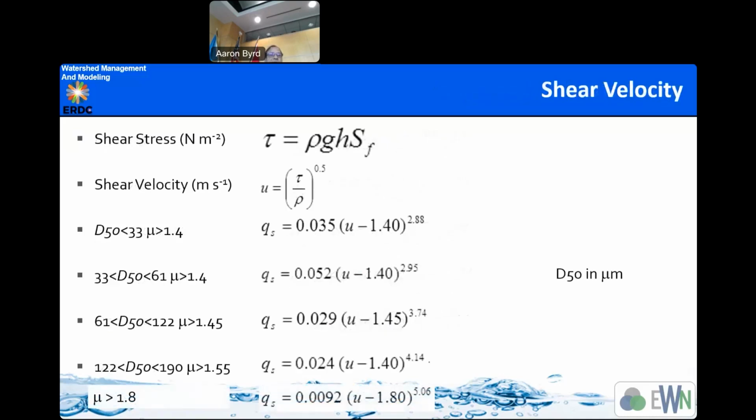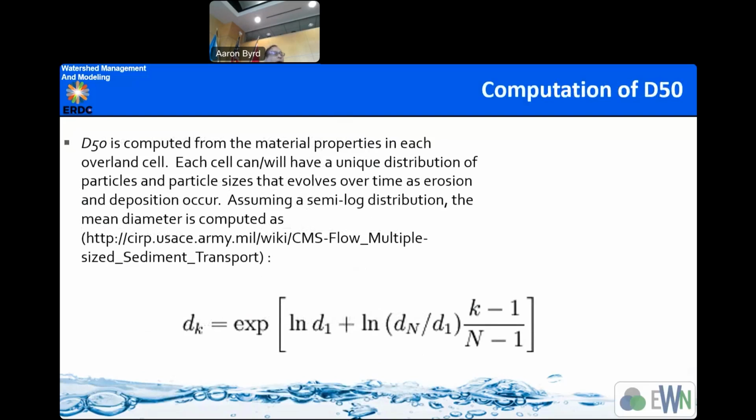So it's the same thing here: if the median size diameter is less than 33 micrometers, then the value is 1.4. And the user again doesn't have to calculate outside the modeling platform as an input to define the mean size diameter. Internally, it's calculated.